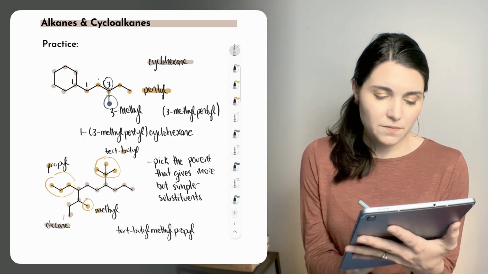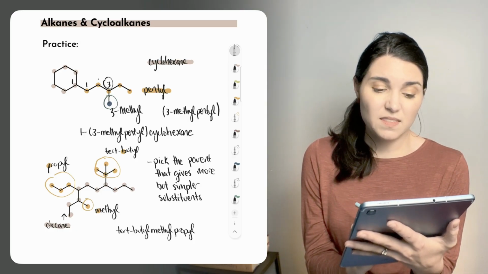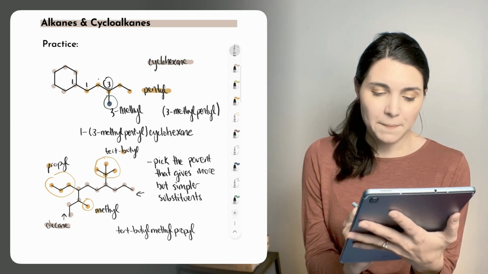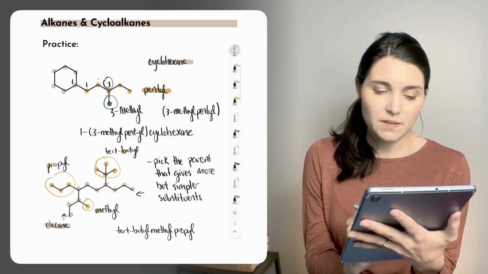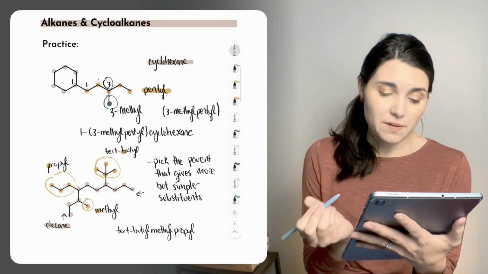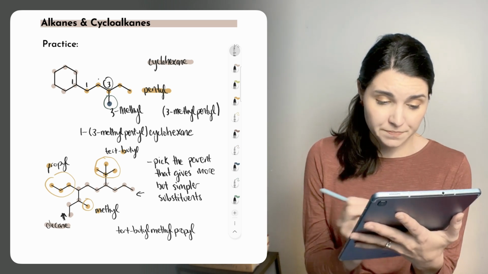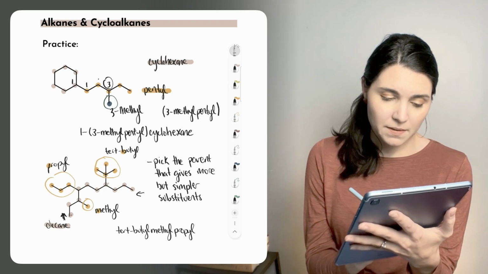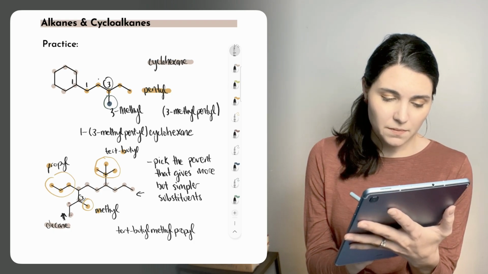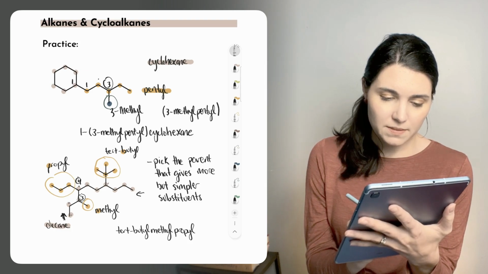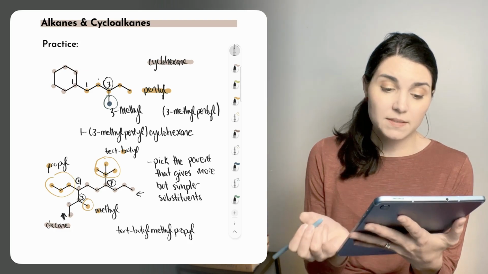If I go for this side, I see that the first thing I'm going to hit is a 3. And if I go this way, the first thing I'm going to hit is a 4. So 3 is better than 4. So I am going to go from the bottom here. That is going to make 1, 2, methyl 3, propyl 4, 5, 6, 7, and tert butyl 7.